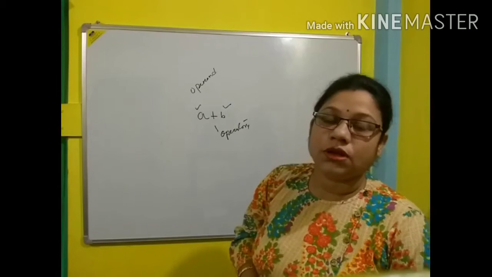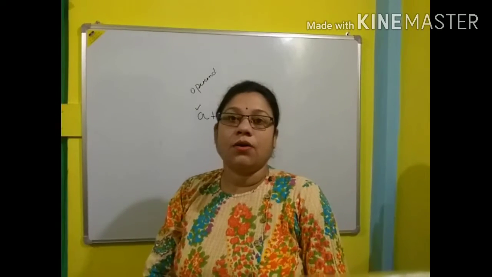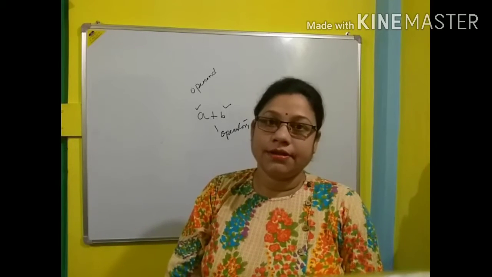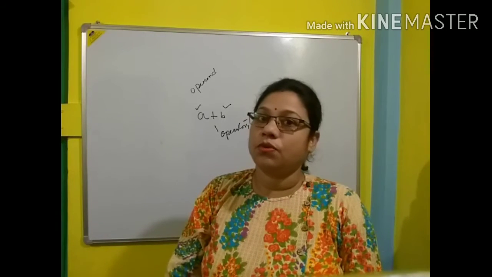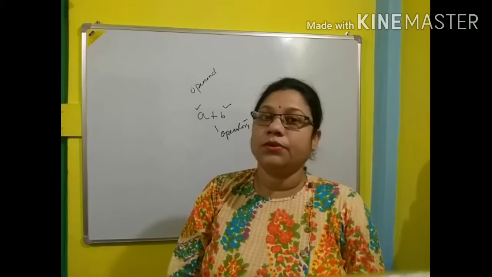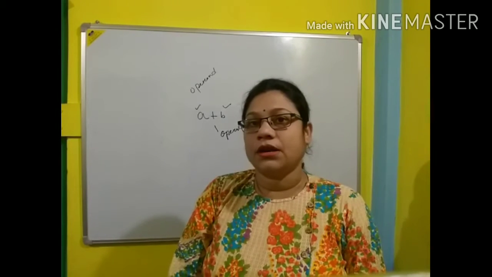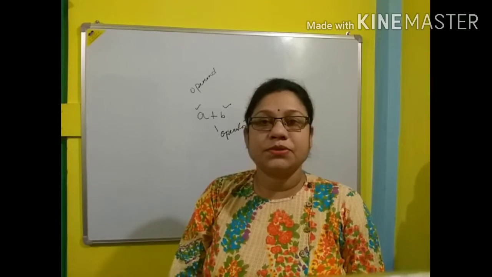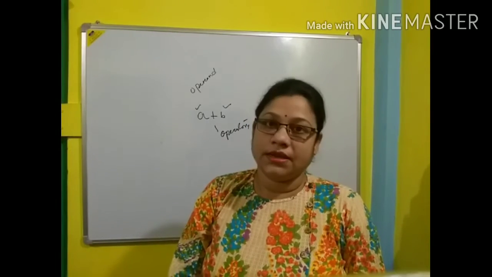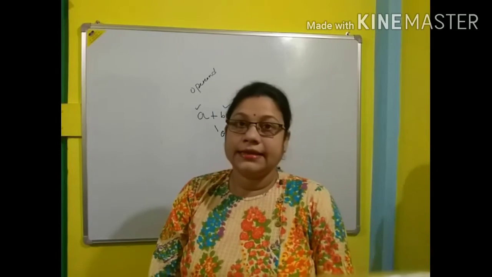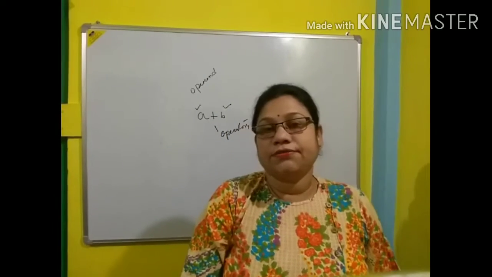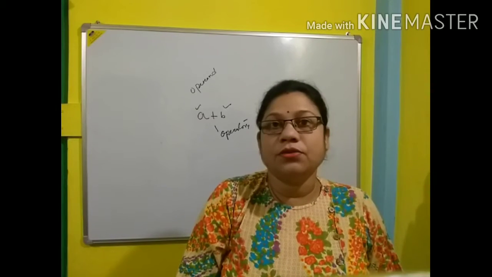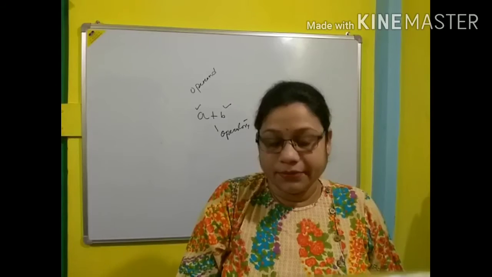So don't get confused between the operand and the operator. Operands are the data values that are used with an operator, and operators are nothing but a special symbol with a special meaning. Okay, and JavaScript uses different types of operators to manipulate a new value with the help of operand values.